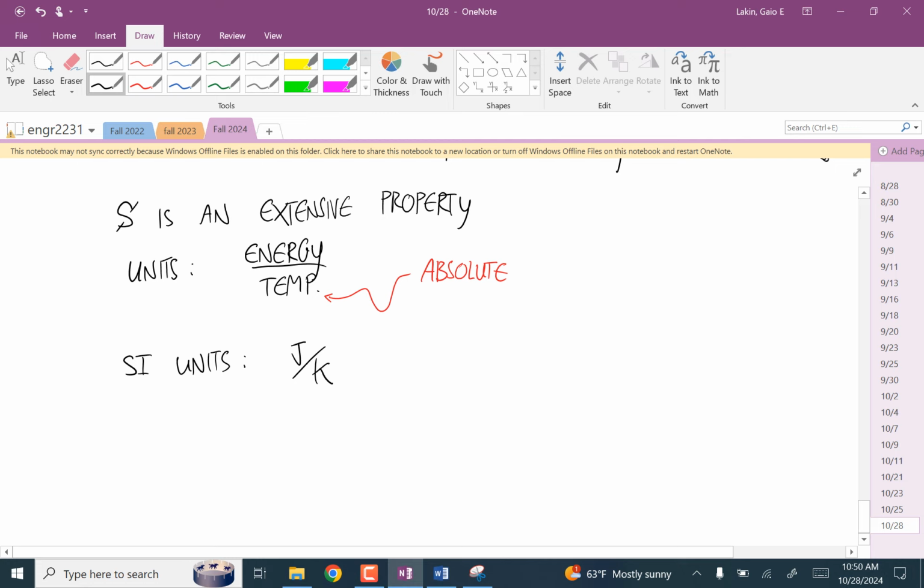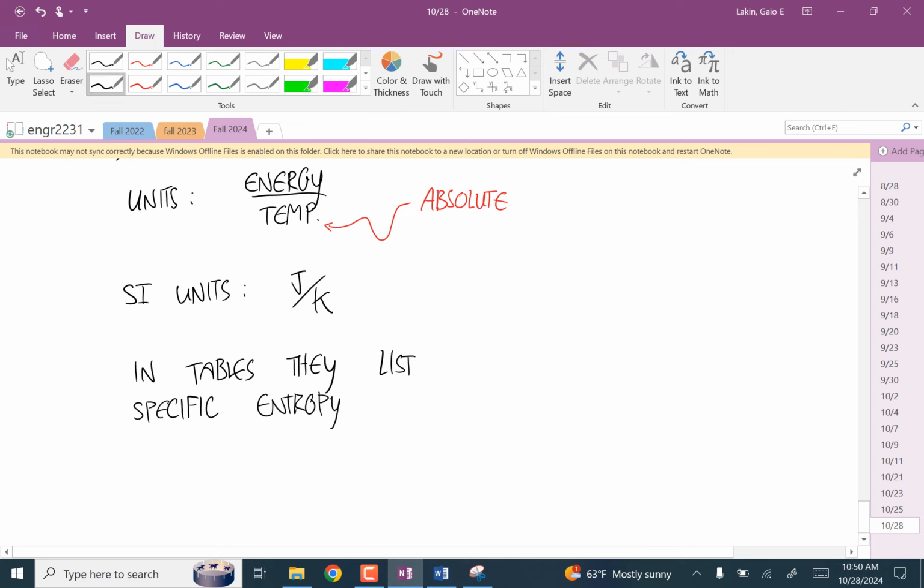And in the tables, they don't list the extensive entropy. They list the specific entropy. And that is lowercase s, and it's equal to the extensive entropy divided by the mass.